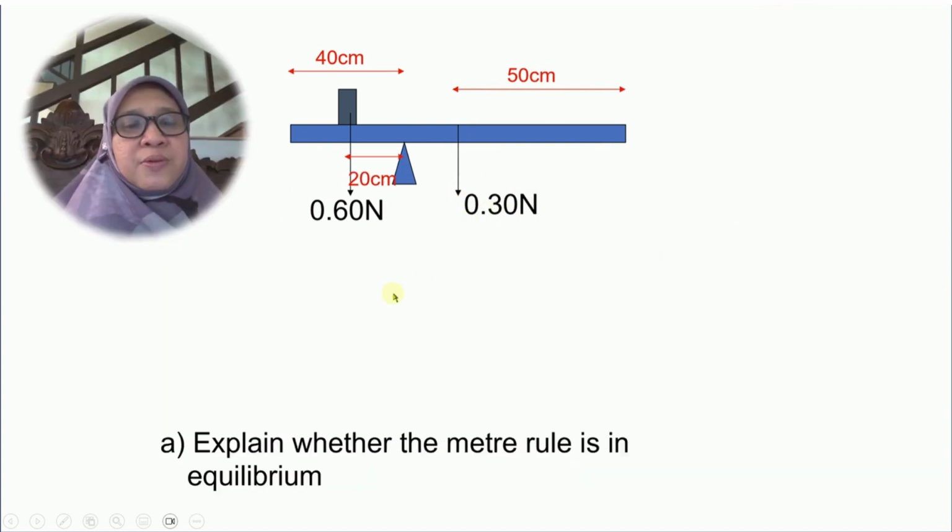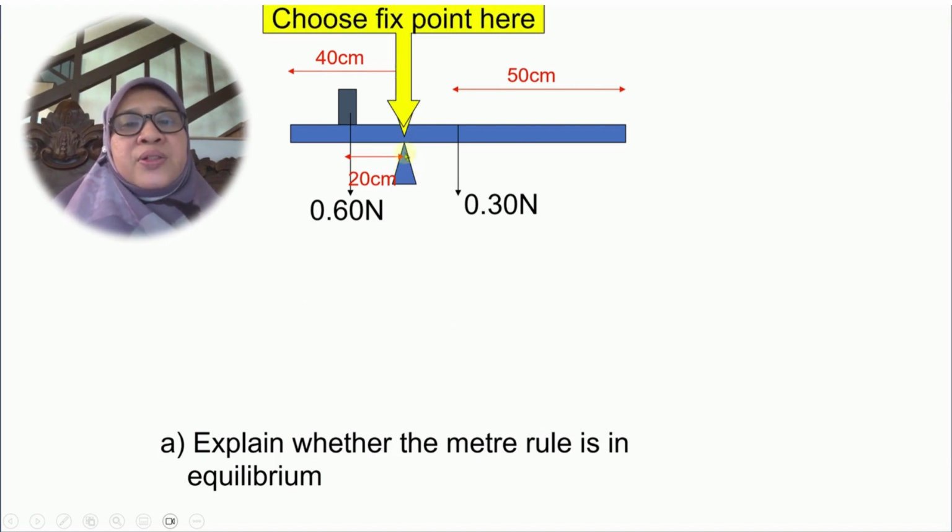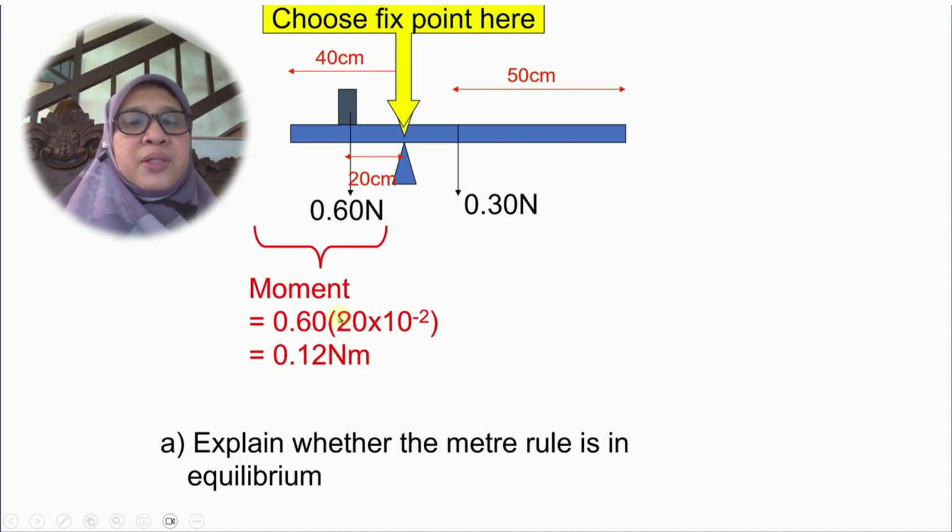Now we need to check whether the meter rule is in equilibrium. Another force that we didn't mention is the reaction by the pivot. We don't know this reaction, so we choose the pivot as the fixed point. For the 0.60 Newton, the moment is force times distance.